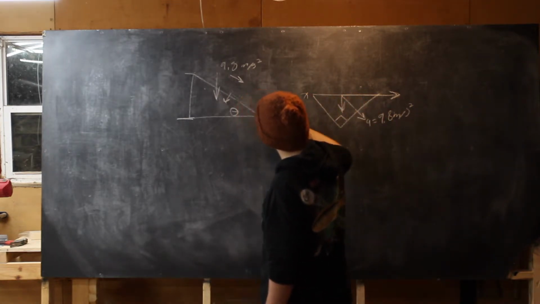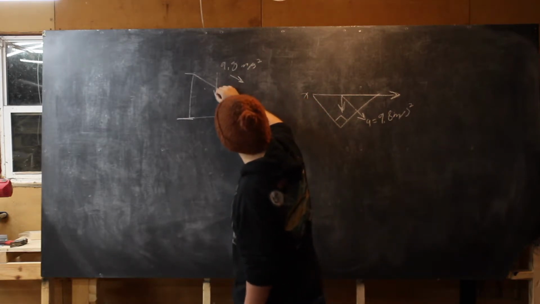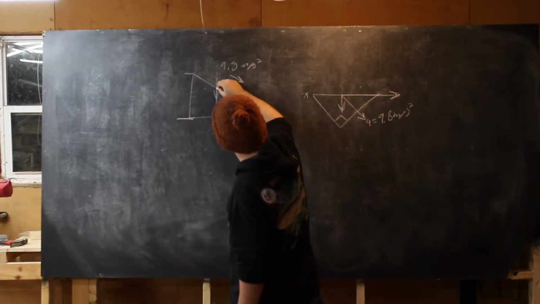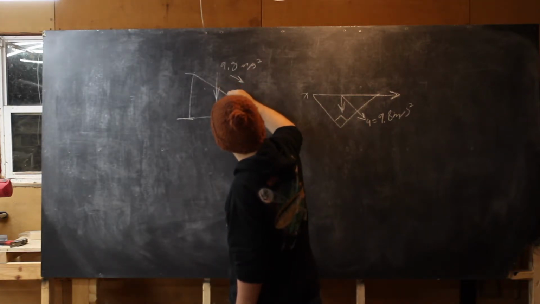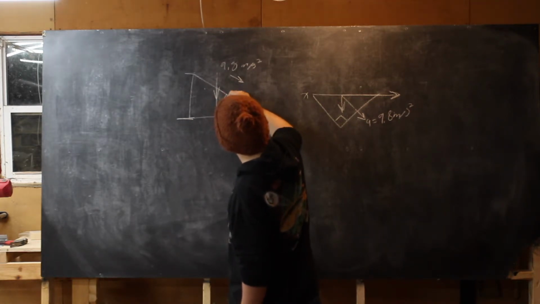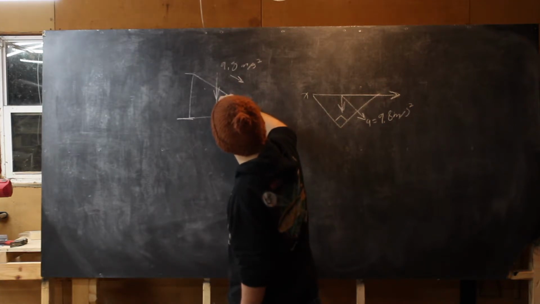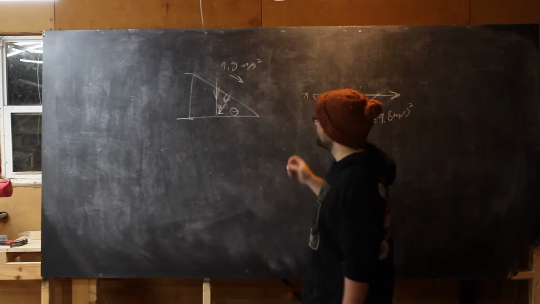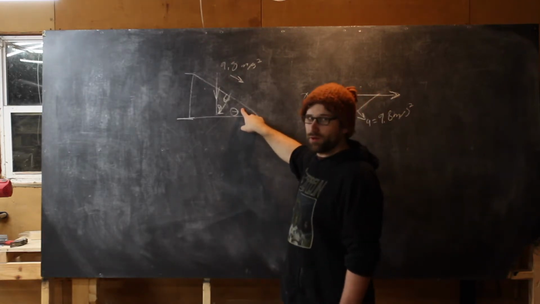So then if we apply this same principle, and this being our hypotenuse, then this is going to be more what it looks like. This being our right triangle. So this degree right here, that is our theta. Okay? So what this is going to do is it's going to switch things up a little bit.